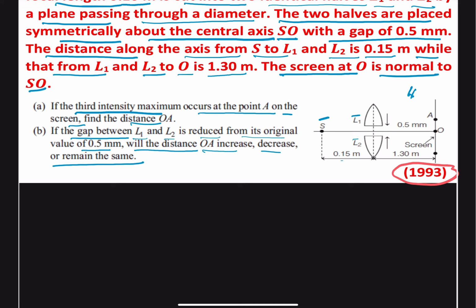So first of all, we are going to find out what will be this AO. Let us say this AO is our Y.